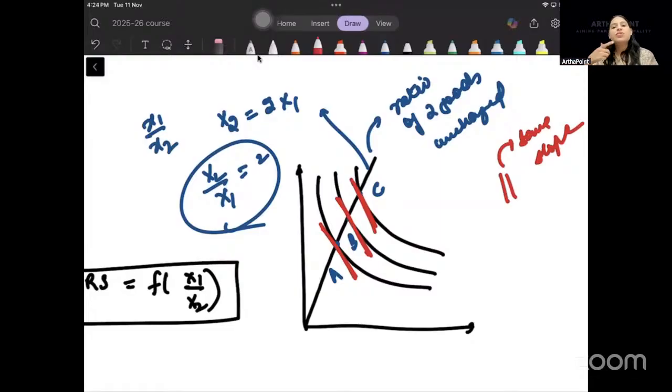So when you pass a ray through the origin, if the MRS is the same, it means MRS is dependent on the ratio. As long as the ratio remains the same, the MRS is also the same. Right? If the ratio is the same, the MRS is also the same. If that is satisfied, then it is a homothetic function.